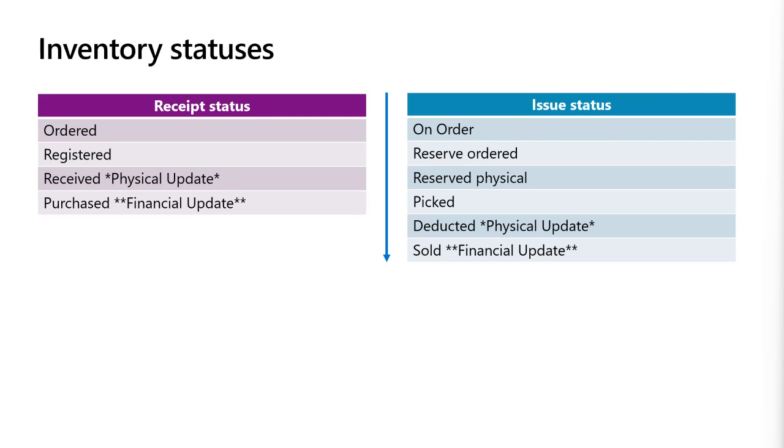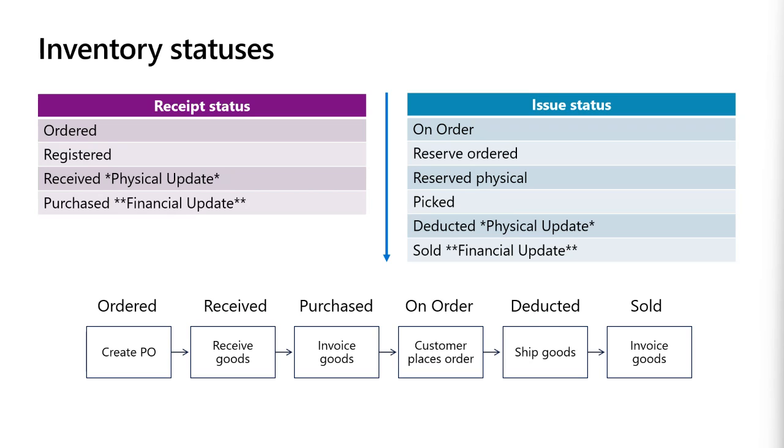In other cases, the physical and financial update may occur at the same time. For example, when an inventory adjustment journal is posted, the physical and financial updates happen in the same step, so we will not see the physical status, just the financial status when the journal is posted. When we look at the process flow again, we can see what the status would be for each step in our process.